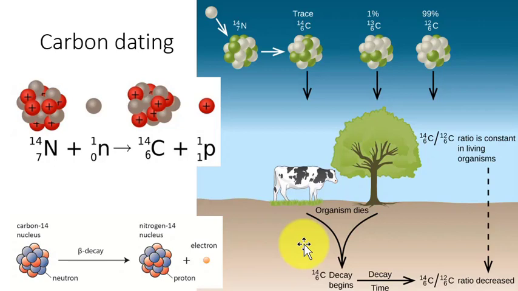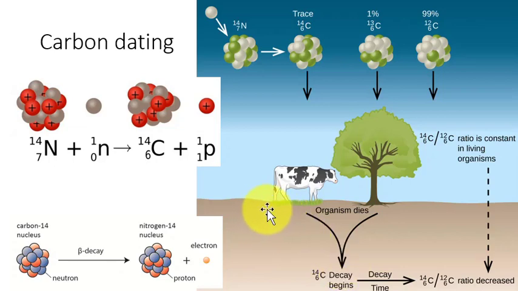So let's say we find a wooden spoon in an archaeological site. We can, using what's called mass spectrometry, test that wooden spoon to determine how much carbon-14 is in that spoon. And that can tell us if it's 50% or 25% of the carbon-14 that's in the atmosphere today, how long ago that spoon was made.